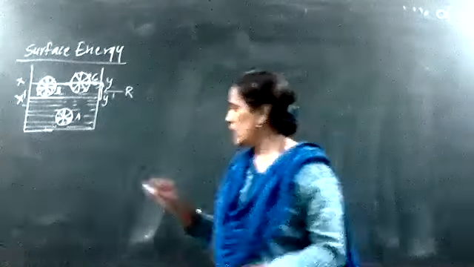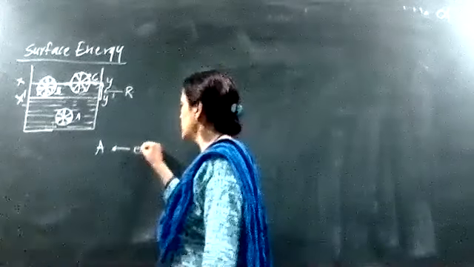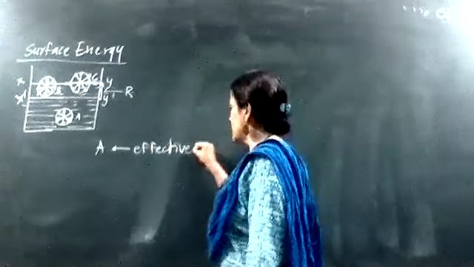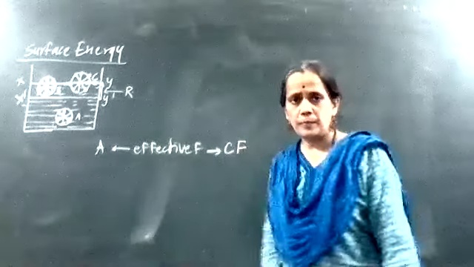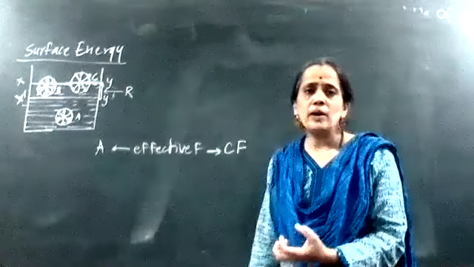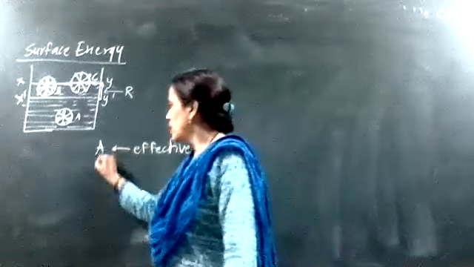Now just now we have seen that the effective forces on the A molecule are nothing but the cohesive force, and that cohesive force tries to maintain your A molecule inside the liquid.